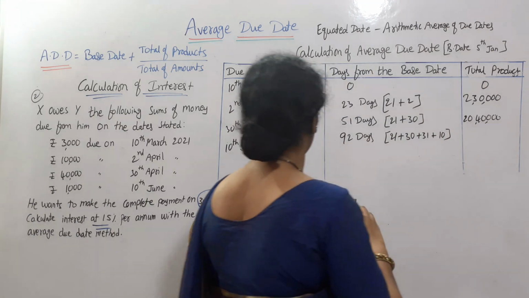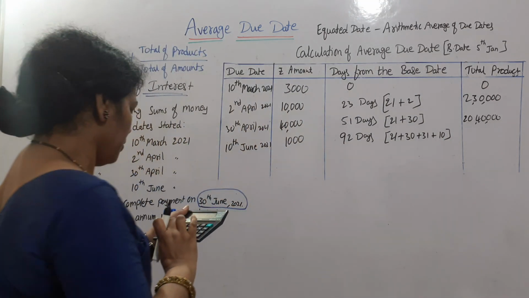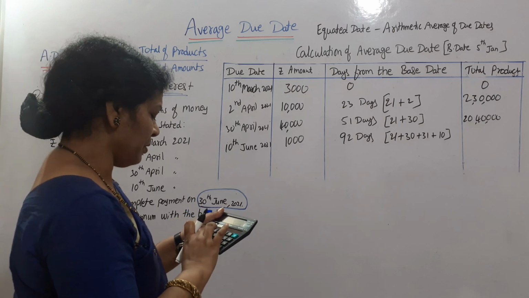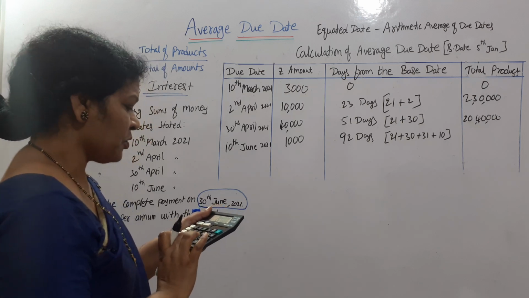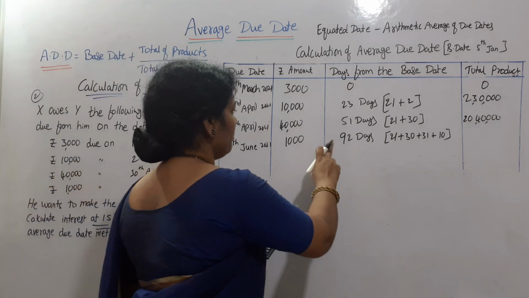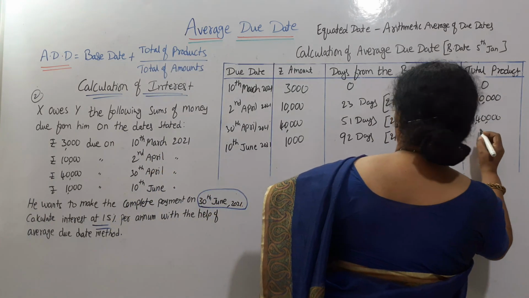It's a big amount, let me check it once again. Yes, 40,000 into 51 is 20,40,000. Last one, 92 into 1,000, is 92,000.